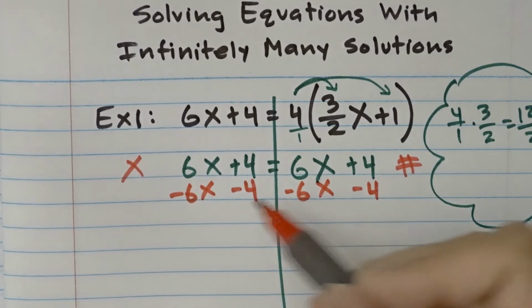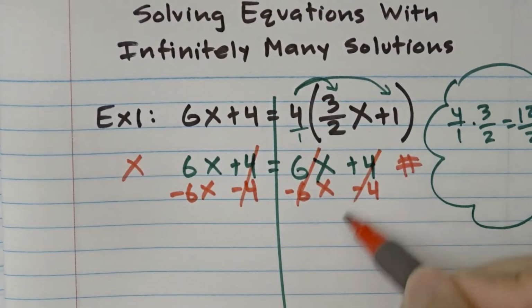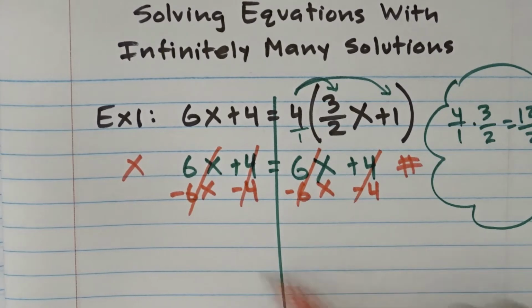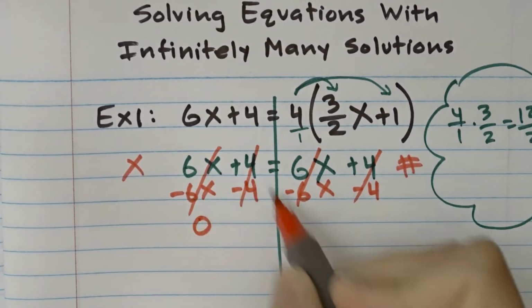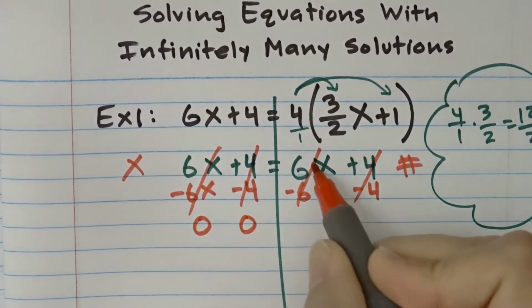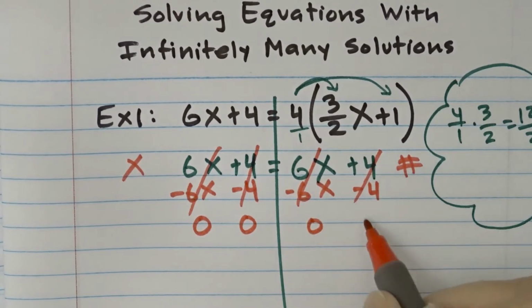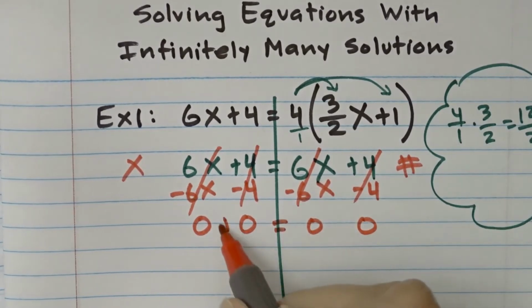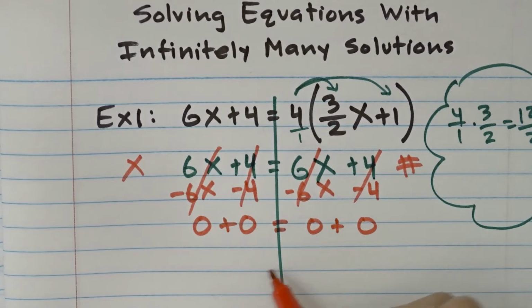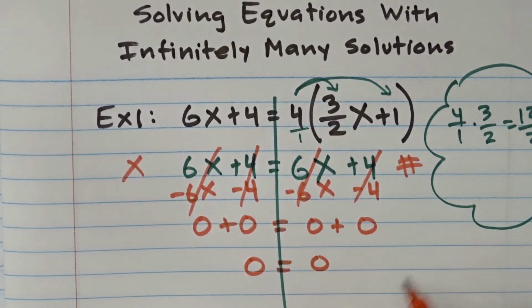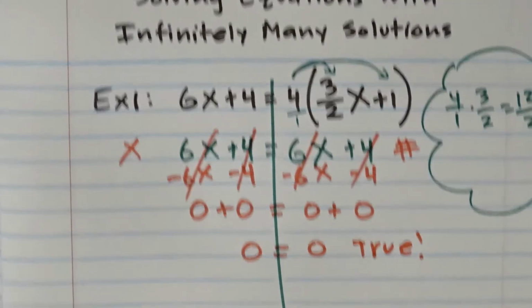And now that everything's gone, you realize, wait a minute, everything became 0. 6 take away 6 was 0, 4 minus 4 was 0, and you end up with 0 equals 0. And that is true. We do know that 0 does equal 0.